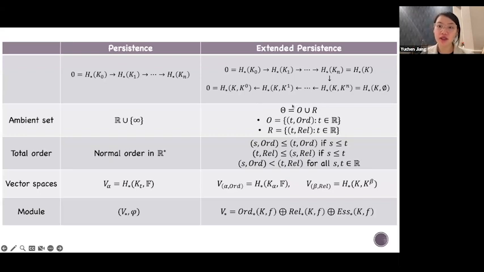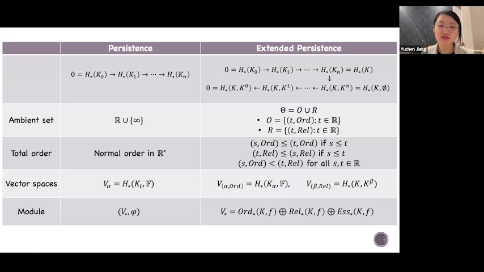And whenever you're comparing some value in the first copy of R and the second copy of R, t-rel will always be greater than s-ord for any pair s and t in R.